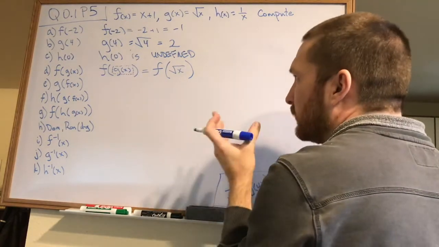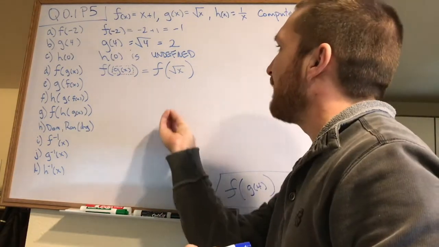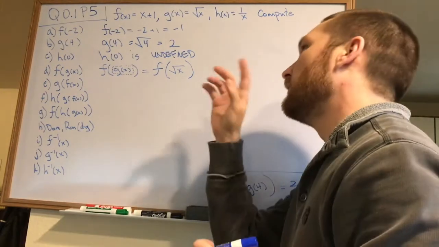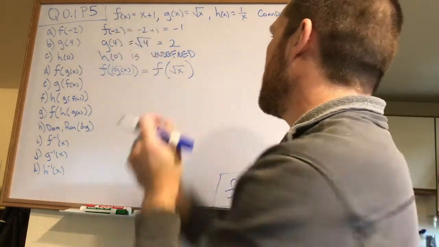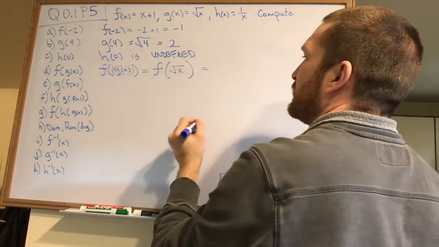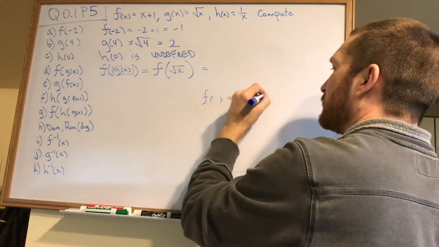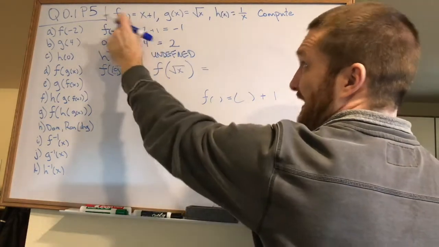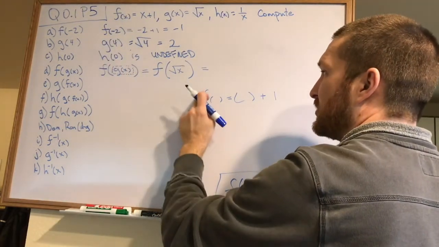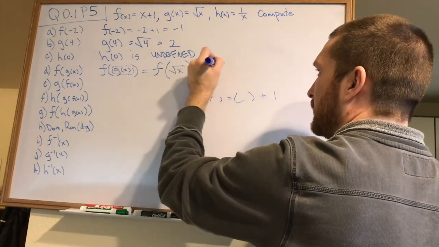Now I'm going to say, okay, well, now what? Now I've just put something into f. What does f tell me to do? Well, f says to take that thing, so if I were writing this, I would say f of whatever equals whatever plus 1, right? That's what that means. So I take that thing and plug it in right here.